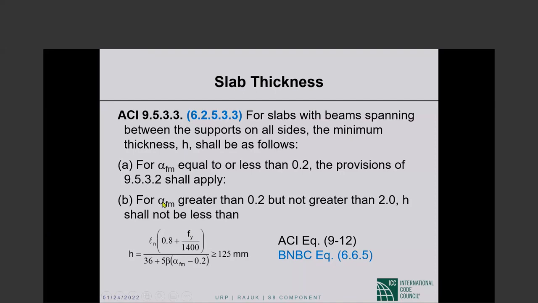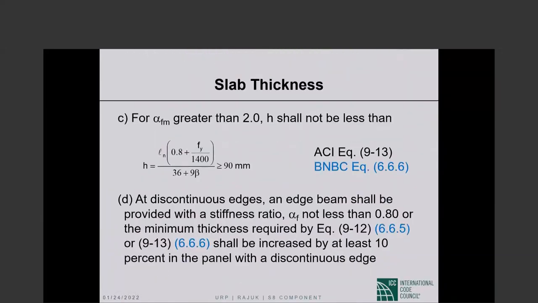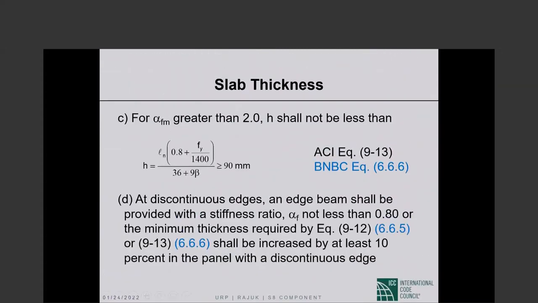If the average stiffness of the beams around the perimeter is between 0.2 and 2, then minimum thickness will be given by this expression, and the thickness shall not be any less than 125 millimeters. Okay, alpha sub fm you have seen. The beta is explained later. I think it is the long side to short side ratio of the panel.